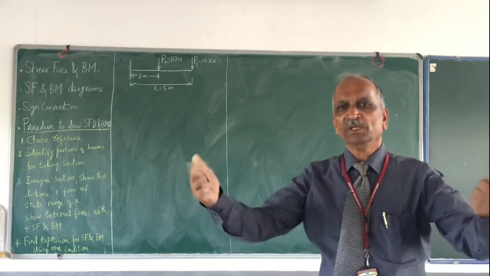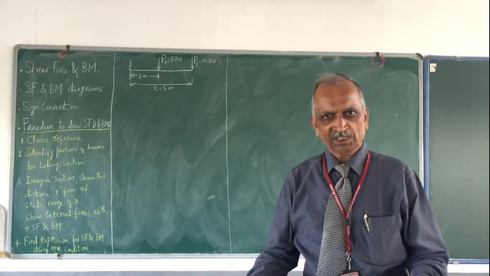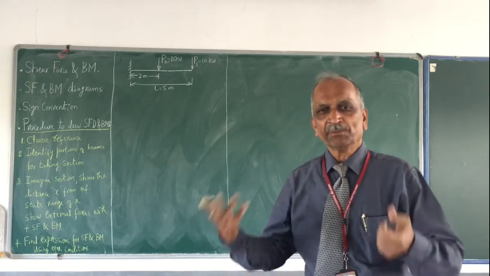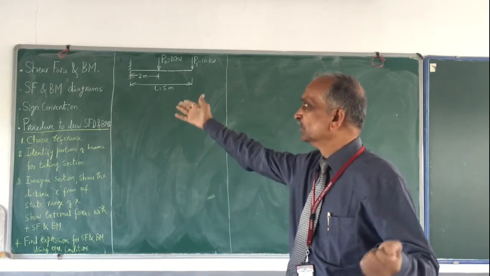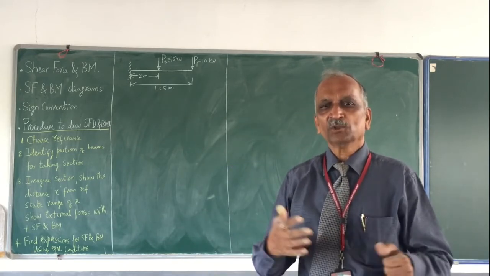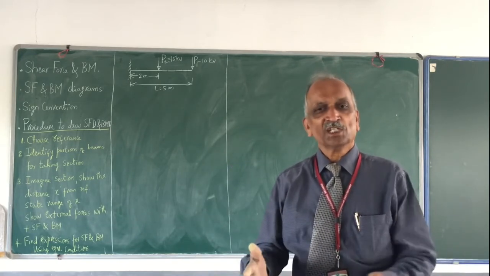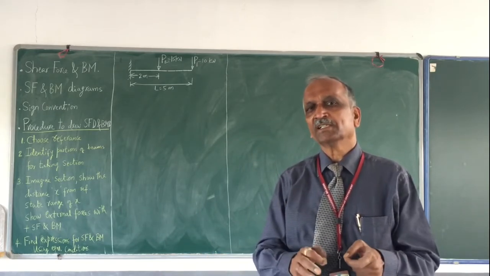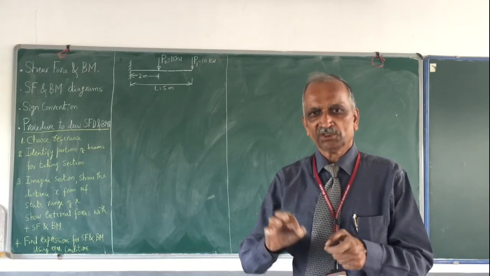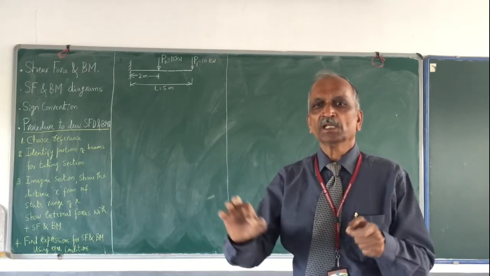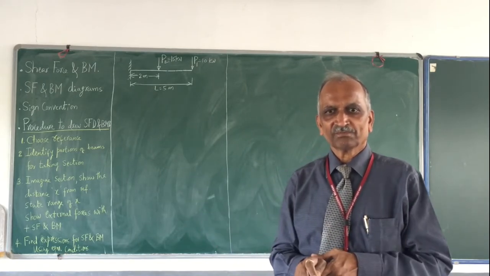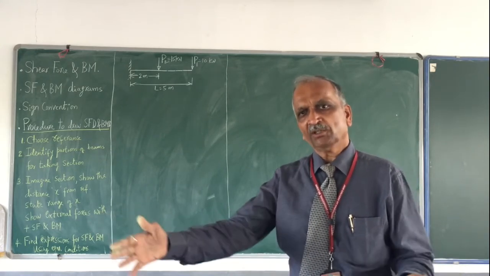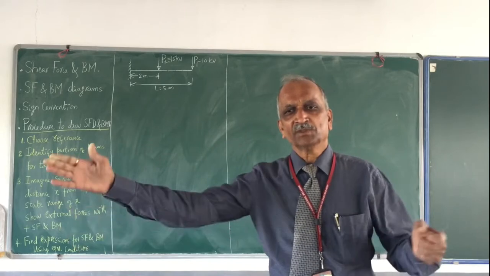Now, how they are varying we are supposed to find out and represent that variation in the form of diagrams. Those diagrams we call the shear force diagram. What is a shear force diagram? The shear force diagram represents the variation of shear force along the length of the beam. Similarly, the bending moment diagram shows the variation of bending moment along the length of the beam.